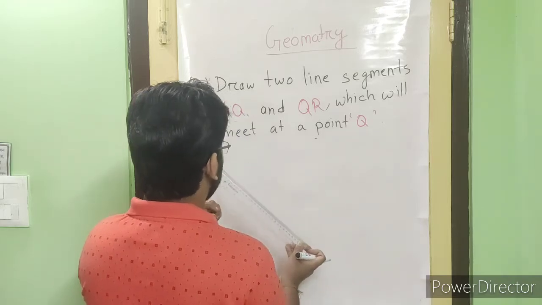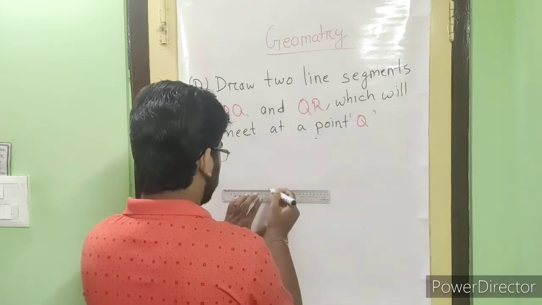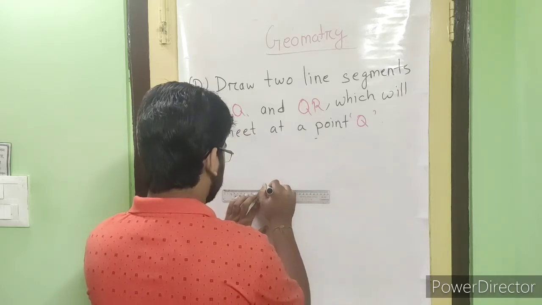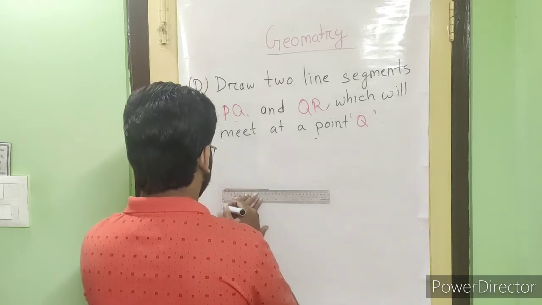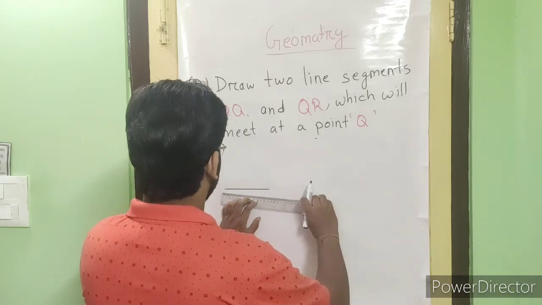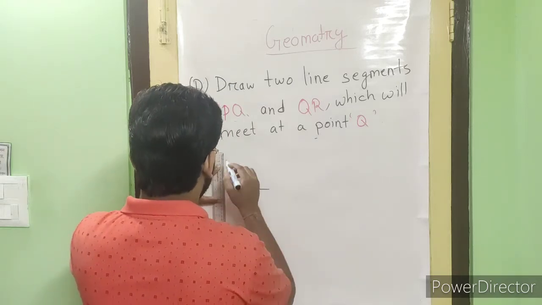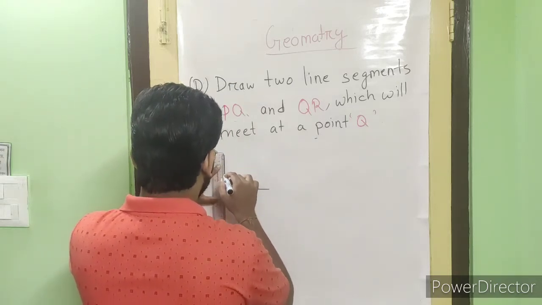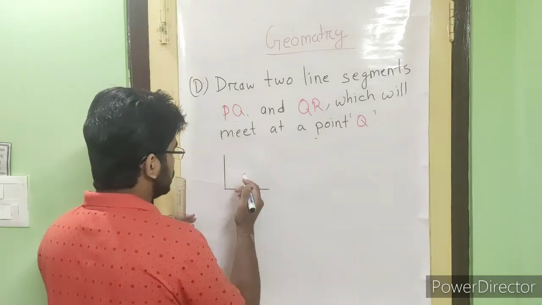Suppose PQ and QR. Okay, I am taking a length of 13 centimeter, and for the vertical line segment 10 centimeter. So this one is 13, this one is 10.